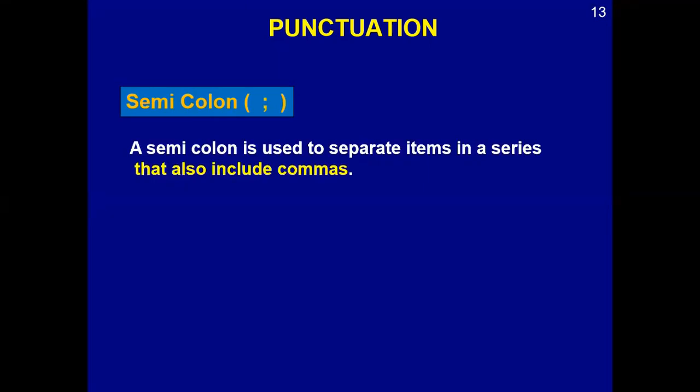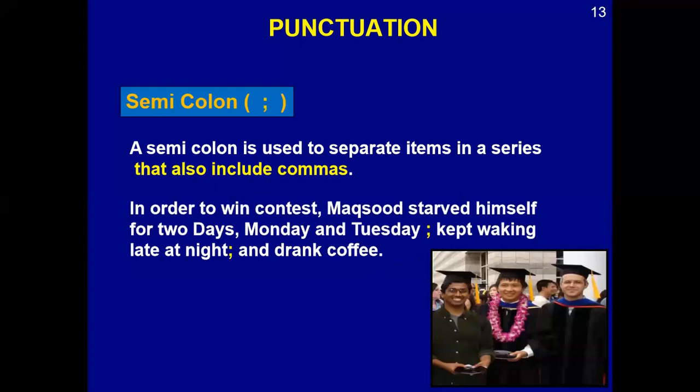A semicolon is used to separate items in a series that also include commas. In order to win the contest, Maqsood starved himself for 2 days, comma, Monday and Tuesday, semicolon, kept waking late at night and drank coffee. So here the semicolon has been used to separate items in a series that also include commas.